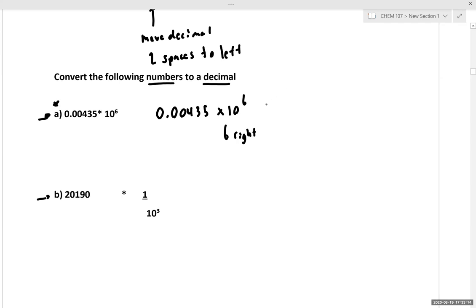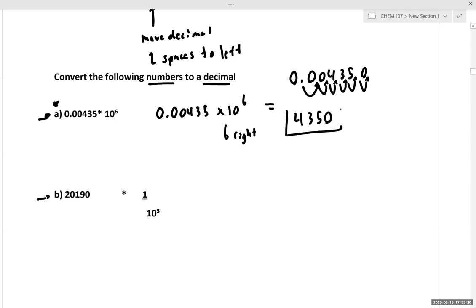So we have 0.00435, and we move our decimal point 1, 2, 3, 4, 5, 6, and we place a 0 at the end as a placeholder. That in turn gives us 4,350.